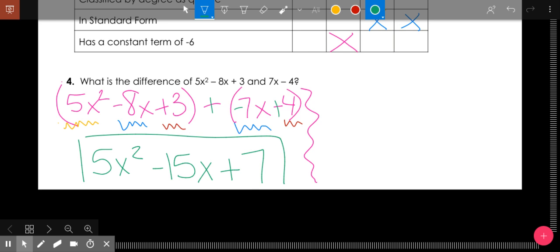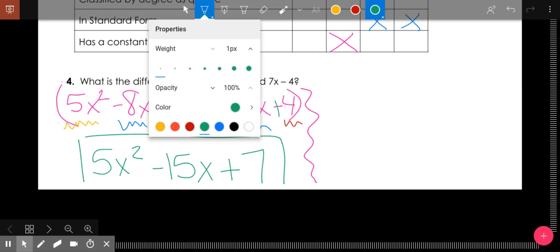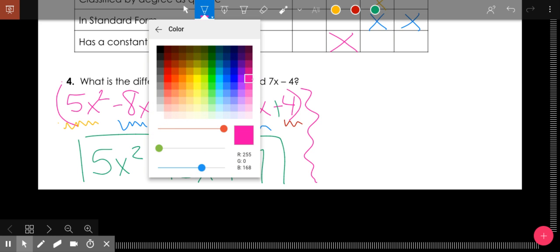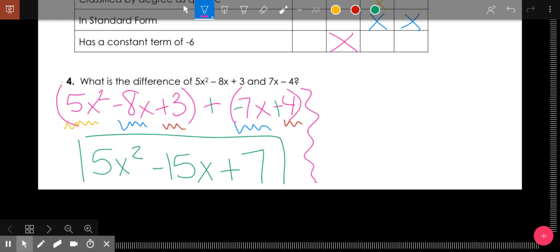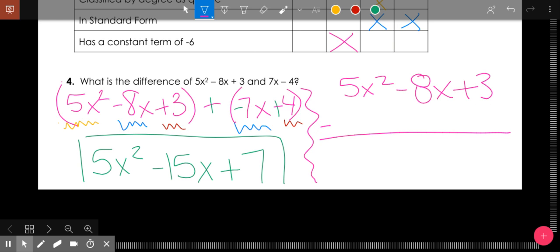The second way to do it is to have 5x squared minus 8x plus 3. And then I'm subtracting. You have to line up your terms. 7x minus 4. I don't have any squared, so I'm just going to put a 0 there. Since this is negative, I change this to positive.